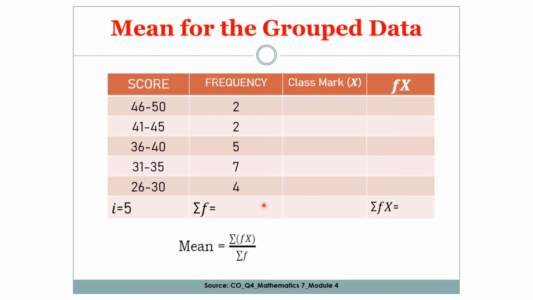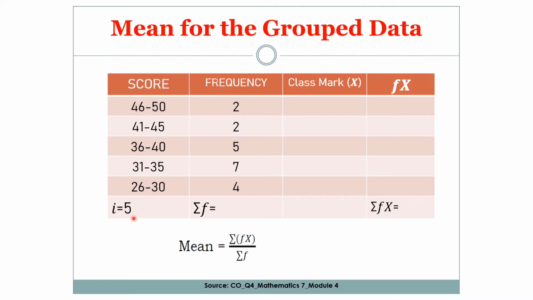In the first column, these are the scores of students that are grouped together by interval. Starting from the lowest class interval, which is 26 to 30, going to the highest class interval, which is 46 to 50. And the interval of each class is 5.